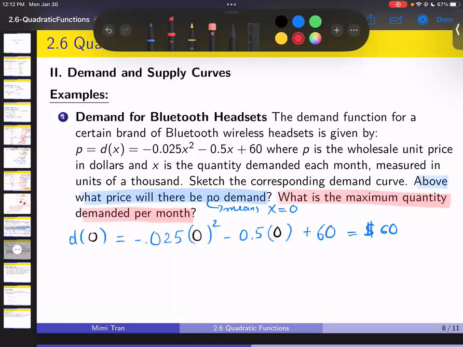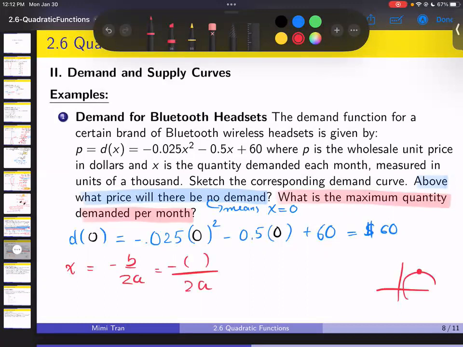Just X, because they're asking for the quantity. Y will be your unit price. So X equals negative B over 2A. Remember your graph looking like that, so that vertex right there is your maximum.